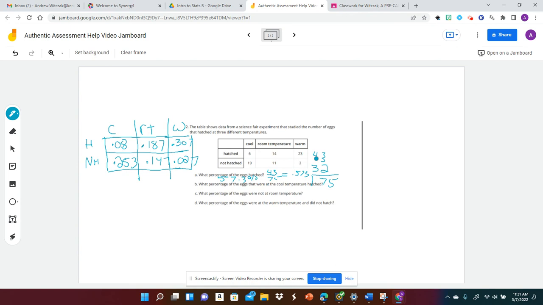So we're just looking at cool temperature. And what percent of those hatched? That's again 6 out of, and we're just going to look at the cool ones. So 6 out of 25. So we're not doing the overall. Which is 24%.